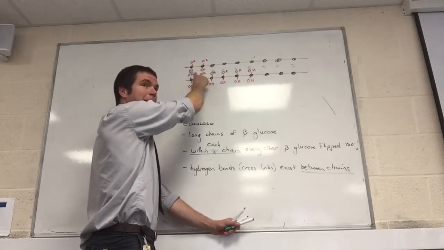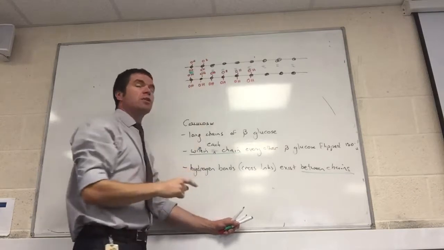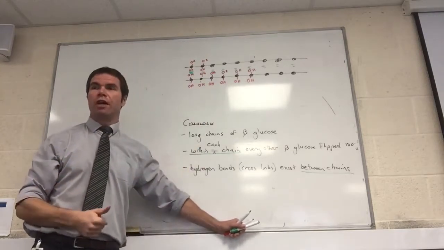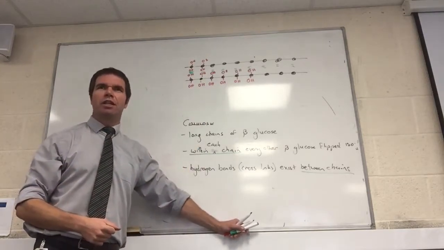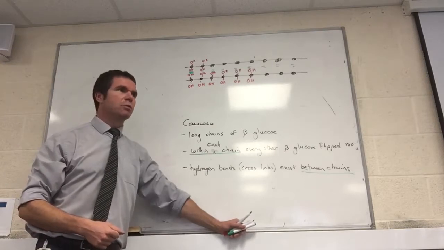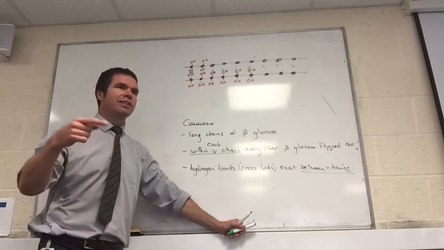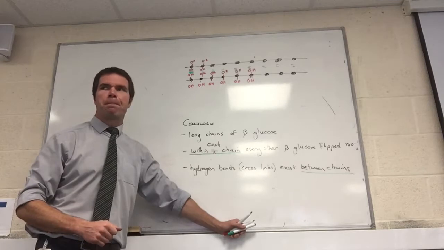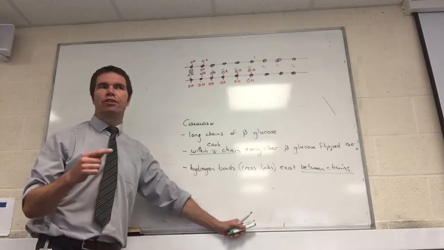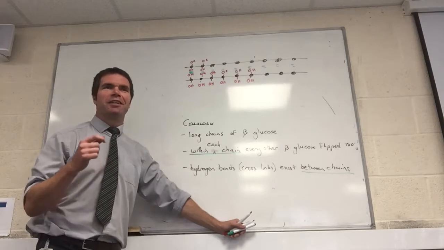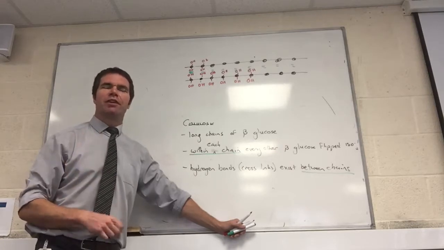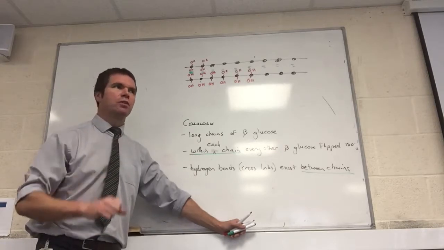But it's ambiguous. Give me another version of that. So instead of saying hydrogen bonds between beta-glucose molecules, what else could I say that is accurate? What could I change on there and still be accurate?